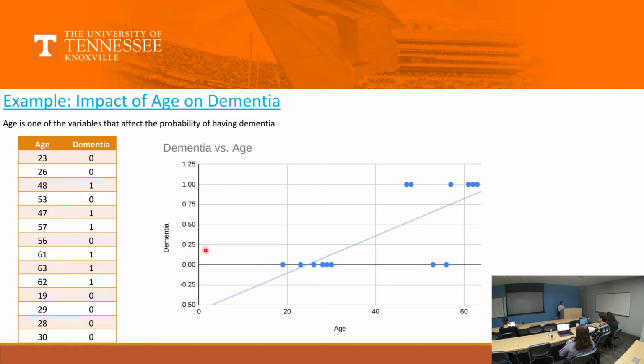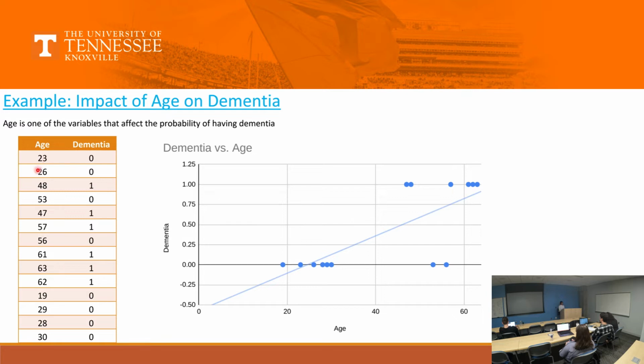Now, on screen, you have an example. As I told you, we are commonly using it for classification purposes. On the screen, you have a data set of many people where there is an age given and an answer given whether the person has dementia or not. Generally, dementia occurs more in people at older age.